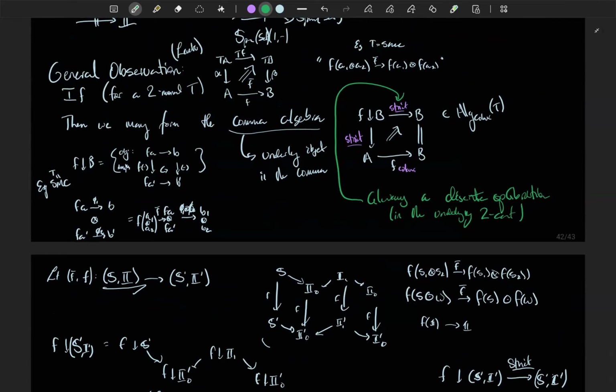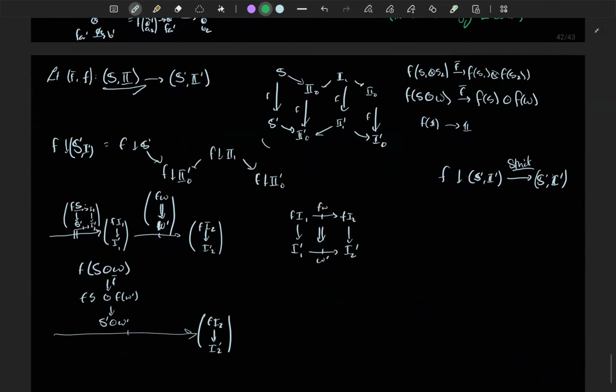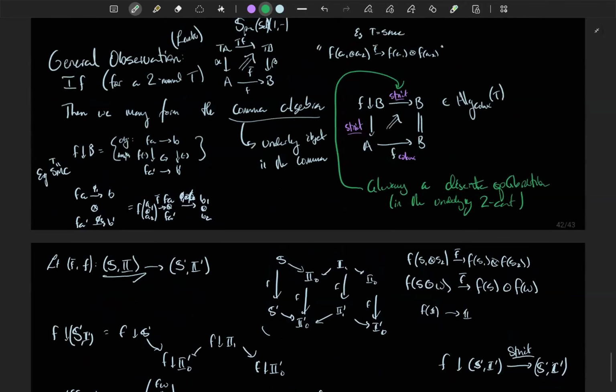Okay. So what is the discrete op vibration thing that you have here? Well, if I have some kind of map down here out of an object of the form here, in other words, f a prime to b, and then I have some b to b prime, then there's a very obvious, unique way to push that forward, which is I post-compose by the map down here. So this is an object up here that maps to b.